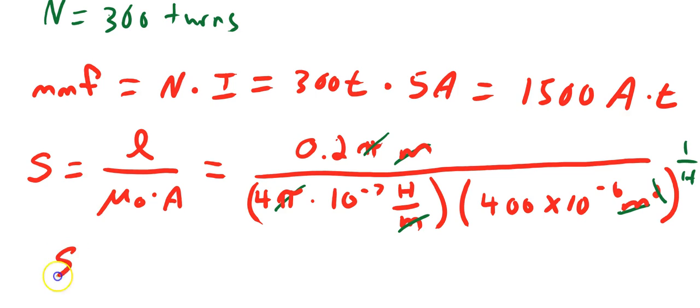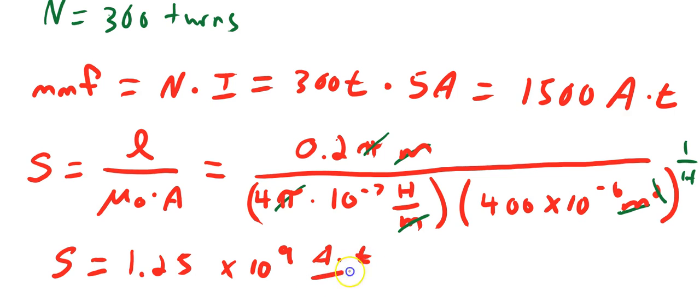Our reluctance then will come out to be 1.25 times 10 to the 9 amp turns per Weber.